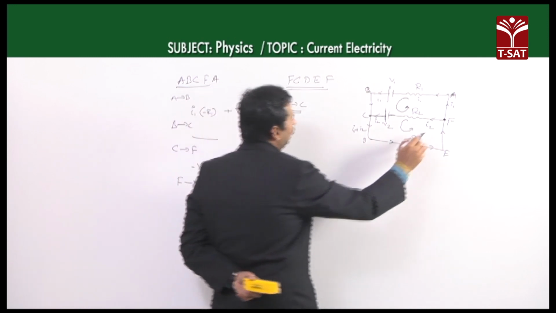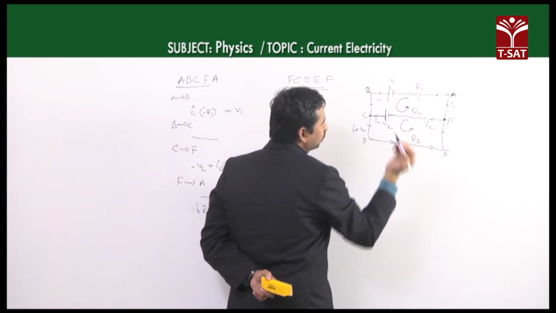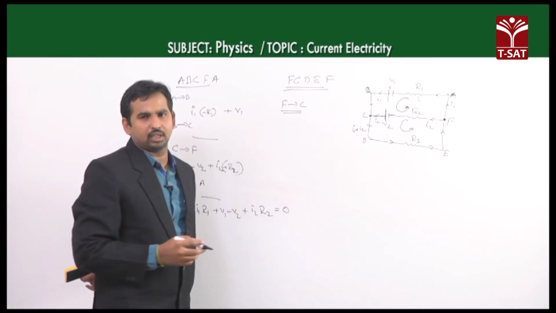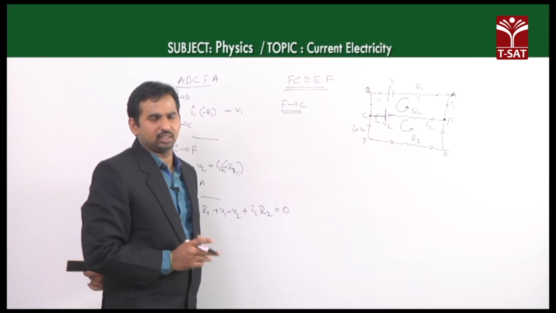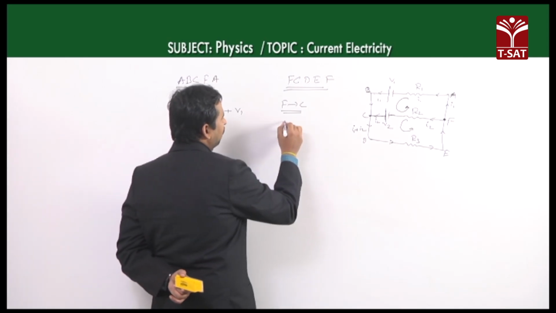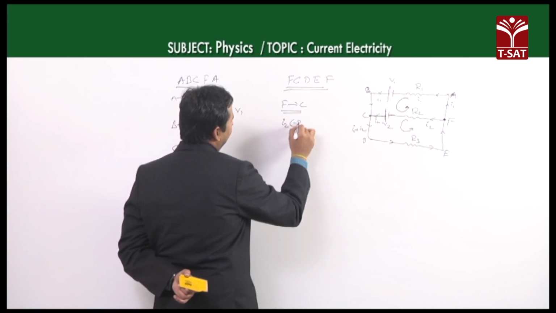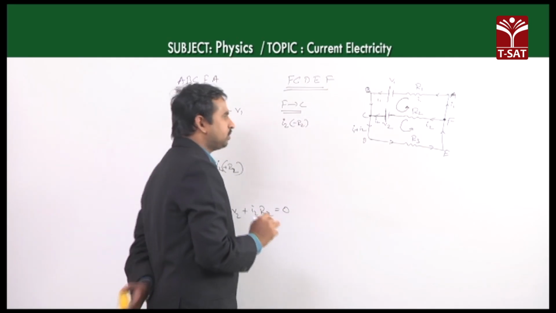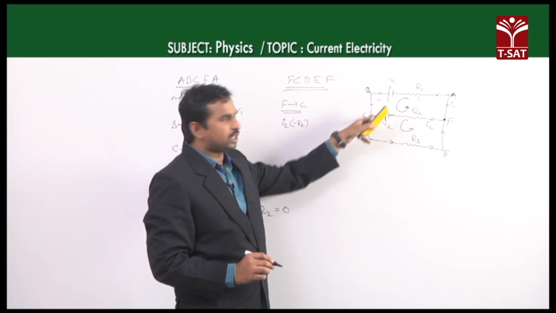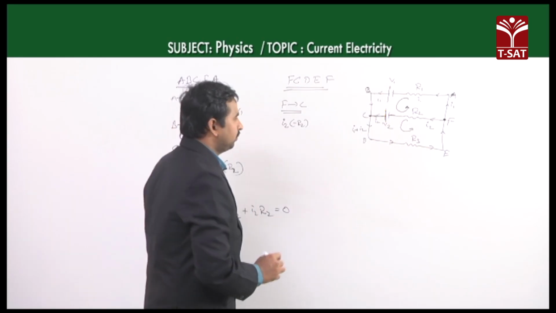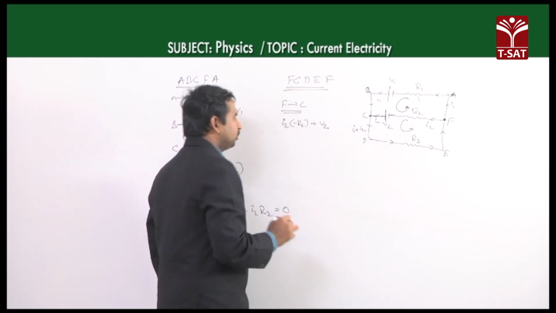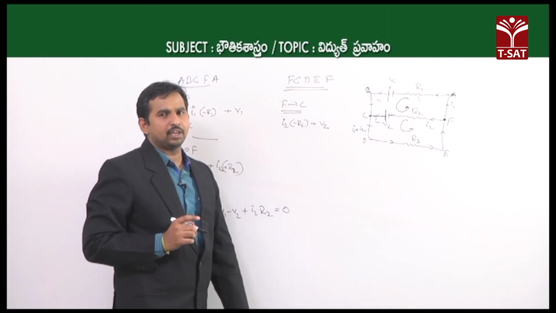Going from F to C, you are in the direction of current, so the resistance is taken as negative. Following the sign convention, it becomes minus I2 R2. And for the voltage, going from minus to plus, we have plus V2. That is for F to C.